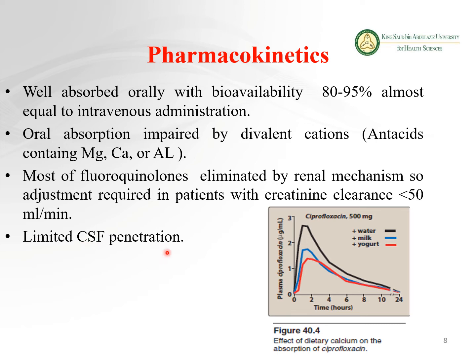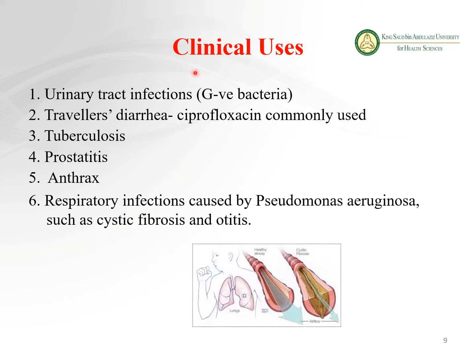It has limited cerebrospinal fluid penetration, so its CNS effect is minimal. Fluoroquinolones have a number of clinical uses that include urinary tract infections associated with gram-negative bacteria, and traveler's diarrhea. Sometimes when people are traveling, due to eating unhygienic food, they can get diarrhea due to bacteria.